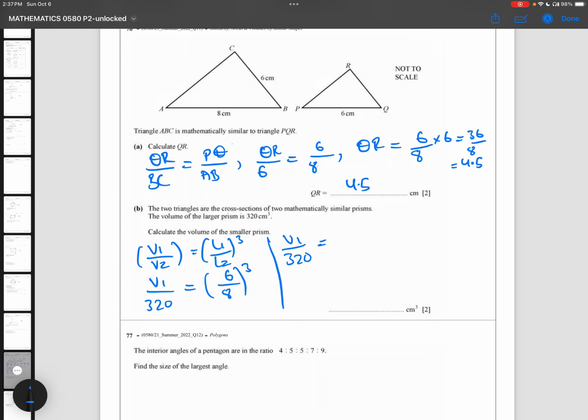So cube of 6 is 216, and cube of 8 is 512.